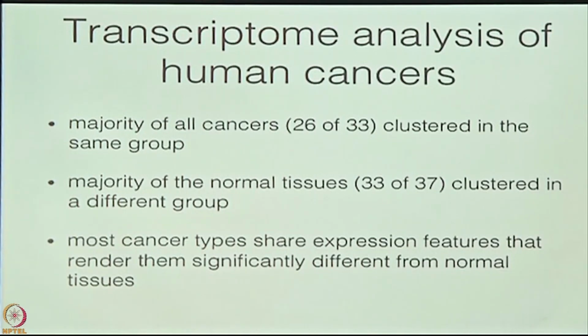Majority of all normal tissues, 33 out of 37 clustered in a different group. And the first basic conclusion was that most cancer types share expression features that make them quite different from normal tissues, and that was what we expected.